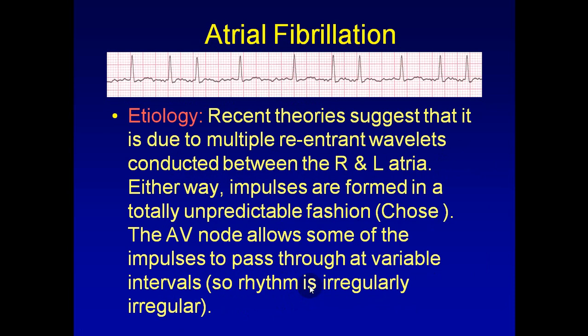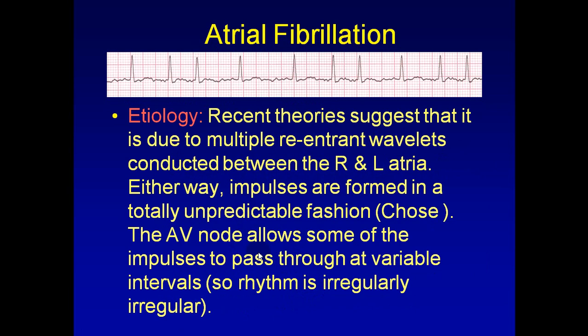The recent theory suggests that atrial fibrillation is due to multiple reentrant circuits. This will be discussed in the fourth year, but nowadays there is an abnormal way of producing this called reentrant wavelets, a number of stimuli and wavelets in different directions conducted between the right and left atria. They originate in the atria in different ways.